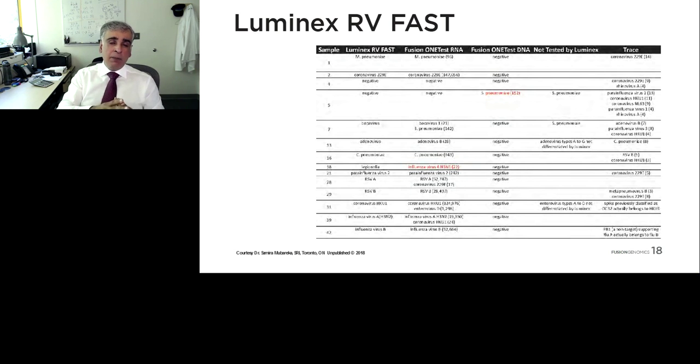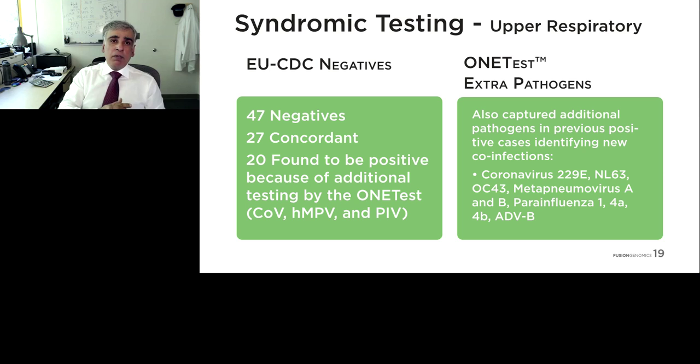And because these are the sentinel samples, they were performing about 198 different PCRs per sample. And what it tells you is that even after that, they had about 47 cases which were negative.